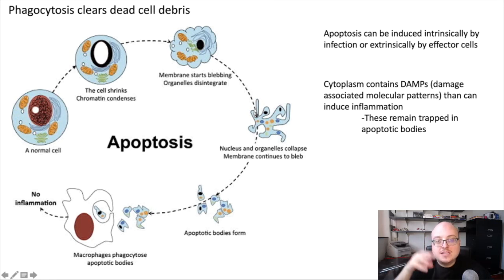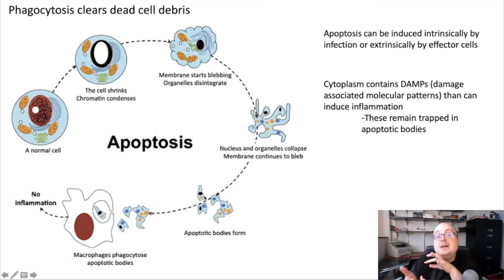And so if a cell dies and releases its contents into the extracellular space, now we have things that were supposed to be inside on the outside. And that's a very clear signal to other healthy cells in the environment that something is wrong, and we need to make some kind of response to address this danger, which is why we call them danger-associated molecular patterns. What's important about apoptosis is that the DAMPs, the danger-associated molecular patterns, are sequestered.